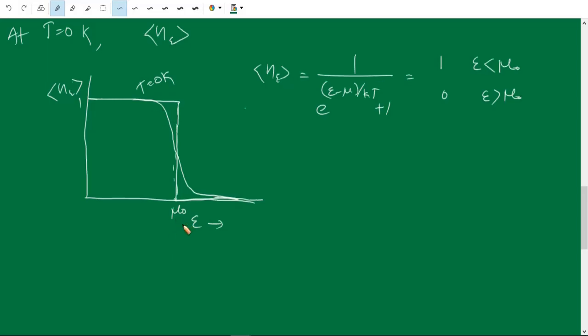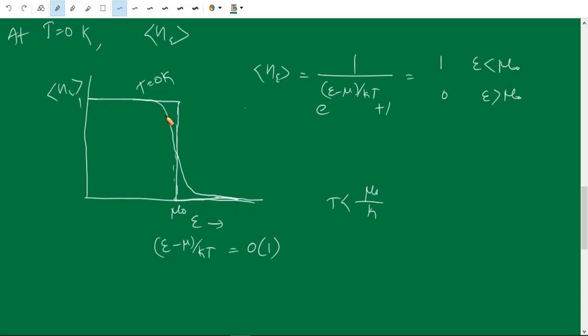At low temperature, that is, when the temperature is smaller than the characteristic temperature mu 0 by k, the deviation from the T equal to 0 case is significant only for energies for which (E minus mu) divided by kT is of the order of unity. Only there is there much change from the T equal to 0 graph. Otherwise the graph coincides with the T equal to 0 graph, here and here also.